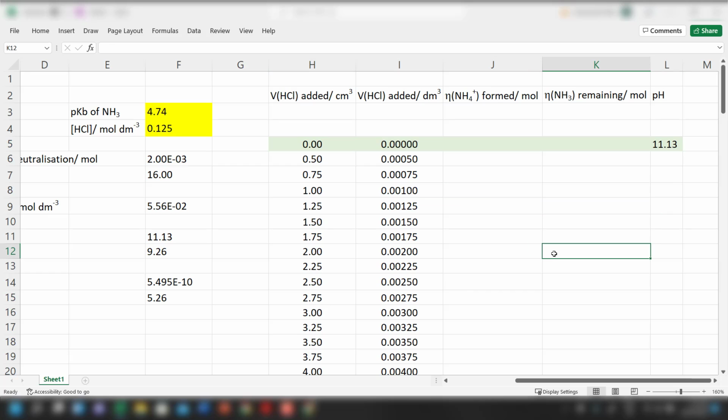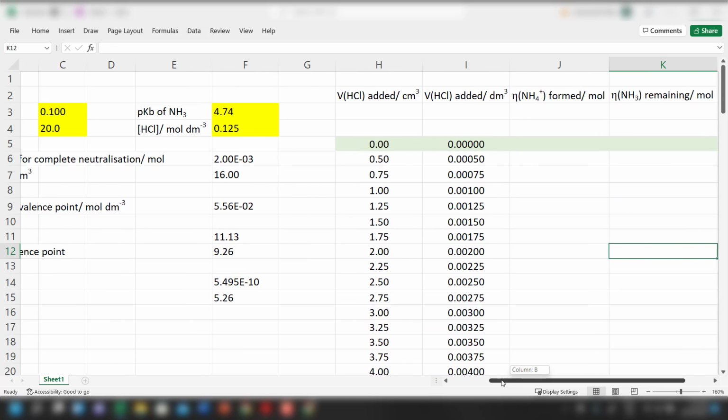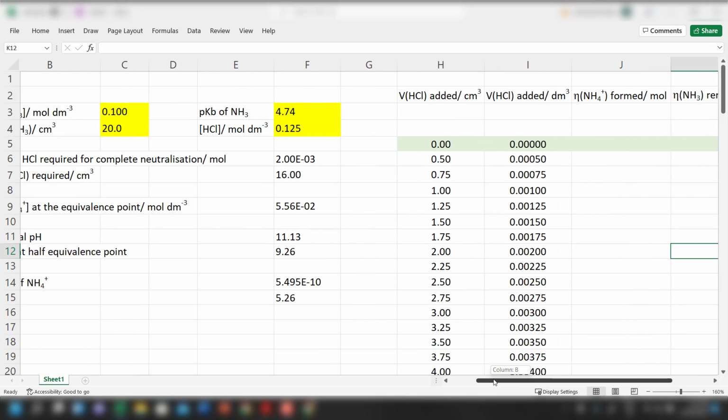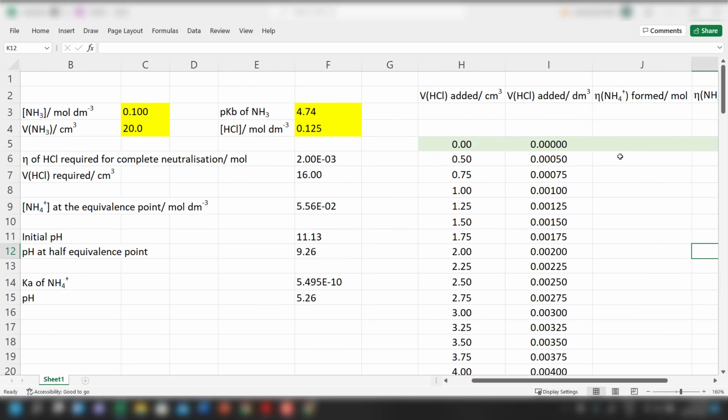Then after that I'm going to continue populating the cell by determining the amount of ammonium formed. The amount of ammonium formed is simply the amount of hydrochloric acid added. So that will be equals to the volume of hydrochloric acid added multiplied by its concentration. So that's 0.125. So I'm going to get this particular number.